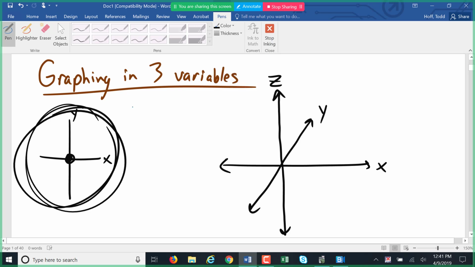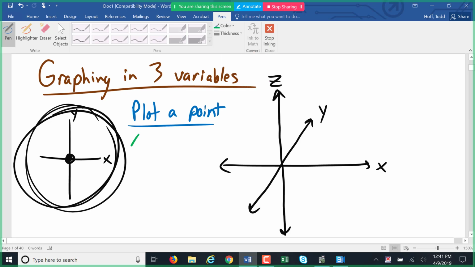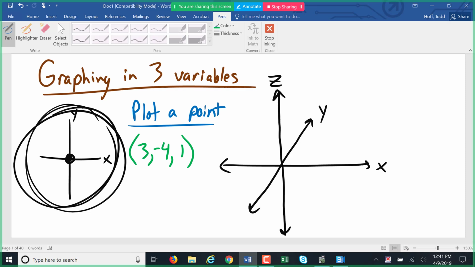Plotting a point is even tougher. Let's do the ordered trio 3, -4, 1. The only way we can plot that point on a 3-variable coordinate system like this is to basically draw a box. x equals 3.